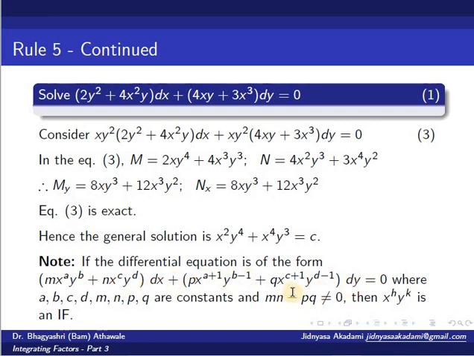And similarly for the second case also. And in that case, again, if mn minus pq is not equal to 0, then x raised to h, y raised to k is an integrating factor.